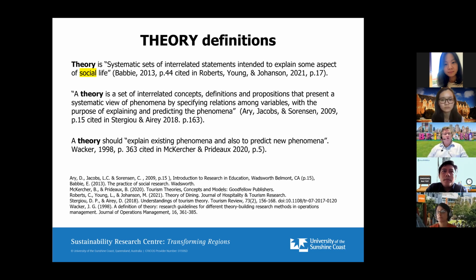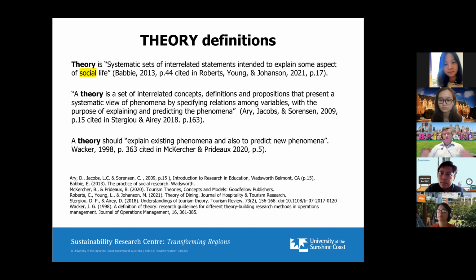And I'm much more interested in theory definition number 2. I want to predict phenomena. I don't just want to explain them or, in fact, describe them. I want to do prediction, because I think that's what the industry wants.